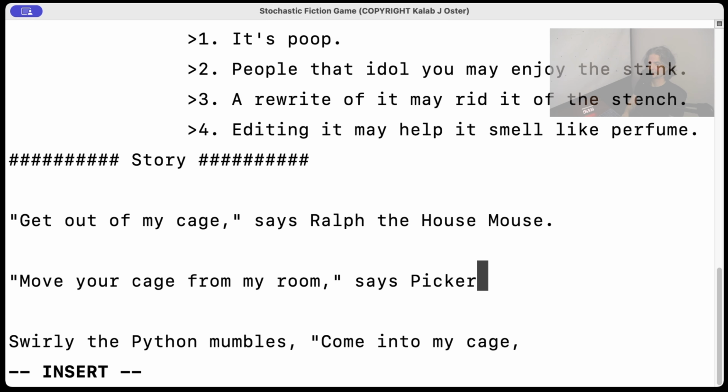You move your cage from my room, says Picker. Nibbler. Nibbler the mouse. I can't say house mouse. Nibbler, I got to give it a different thing though. Nibbler the free mouse.